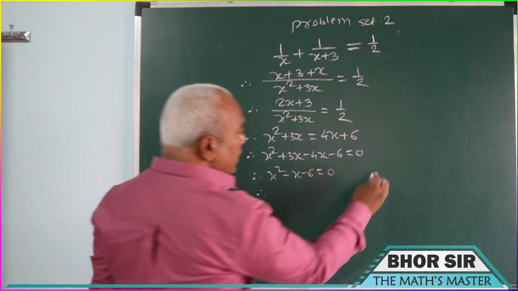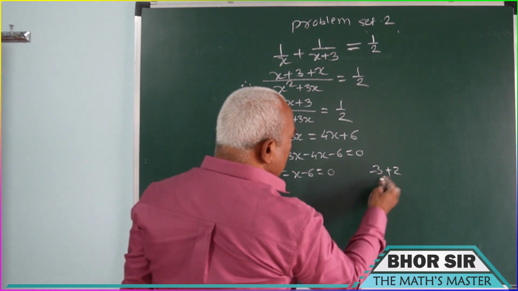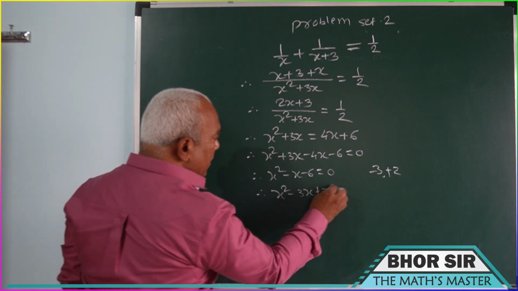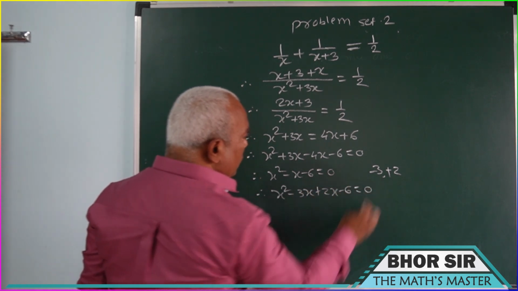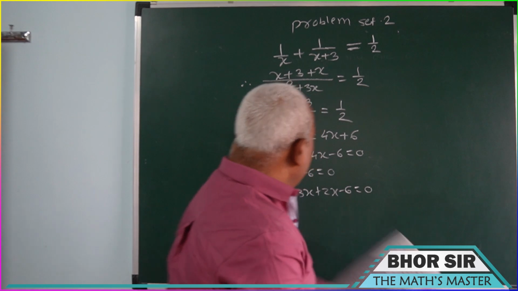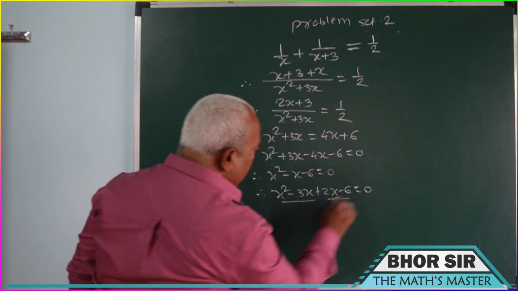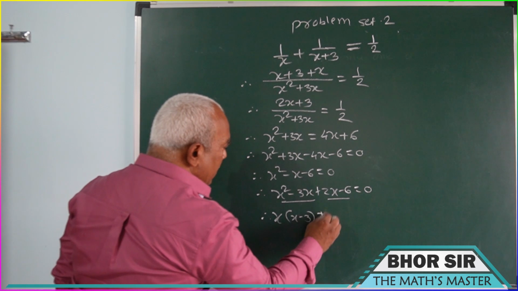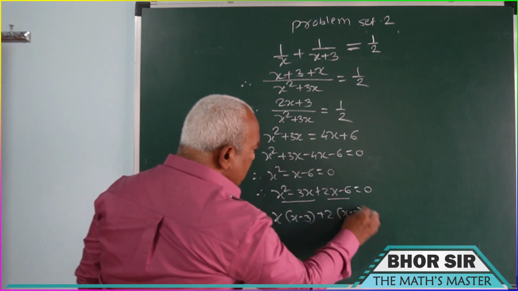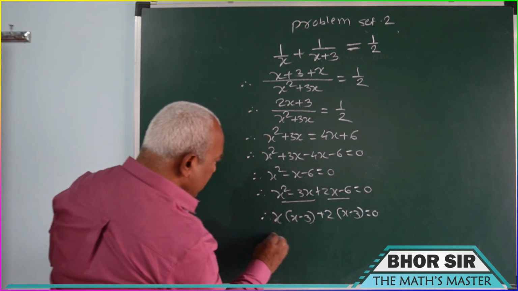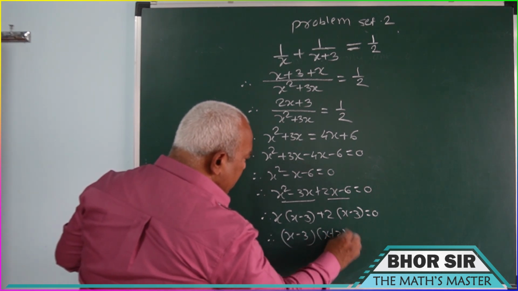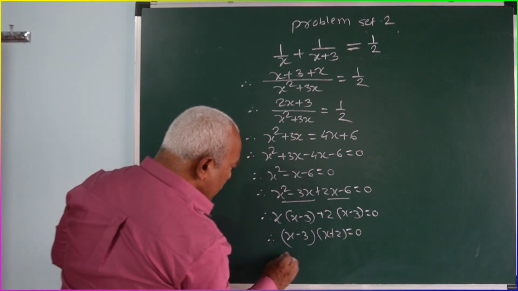Split as minus 3 plus 2, since 3 times 2 is 6. It's a simple thing: x square minus 3x plus 2x minus 6 is equal to 0. Take x common: x in bracket x minus 3, plus 2 in bracket x minus 3, is equal to 0. Therefore, first bracket x minus 3, second bracket x plus 2 equal to 0.